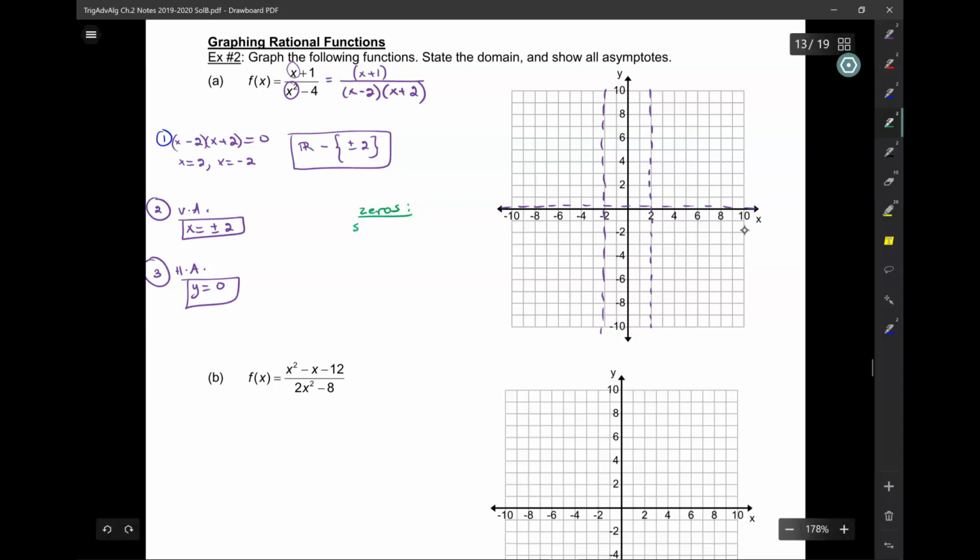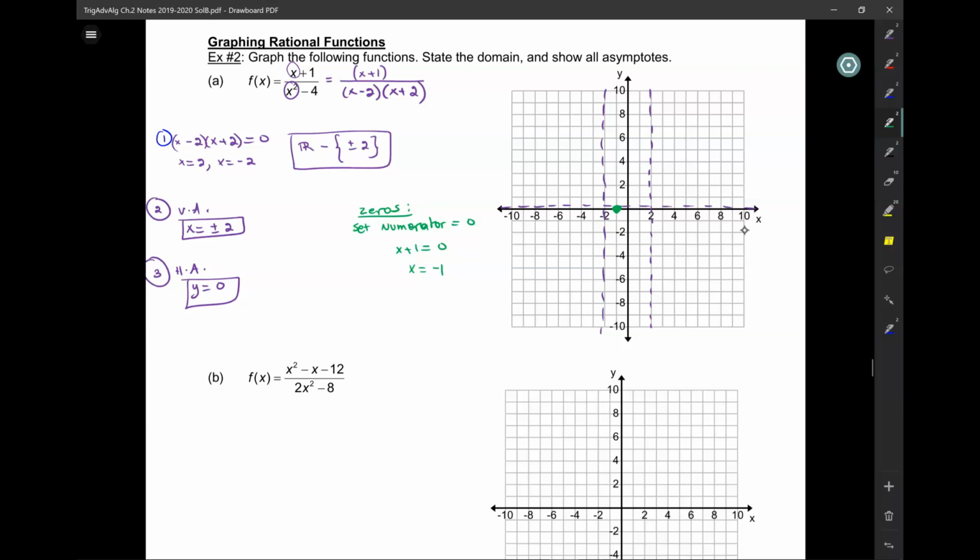You set the numerator equal to 0. So in this case, x plus 1 equals 0. X equals negative 1. So at negative 1, this has a 0. You see how it already is crossing the horizontal asymptote. So now, how many regions do the vertical asymptotes divide my graph into? 3 regions, right?